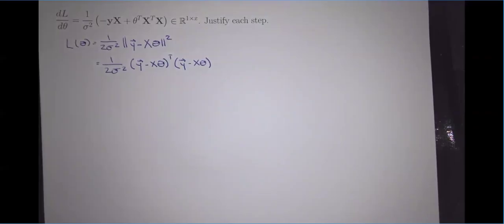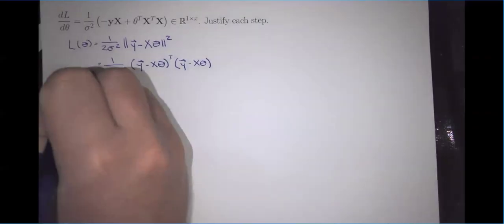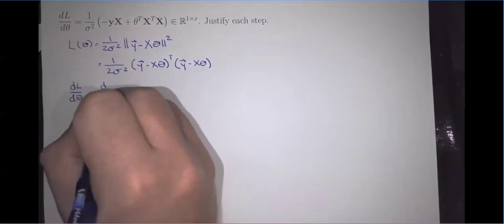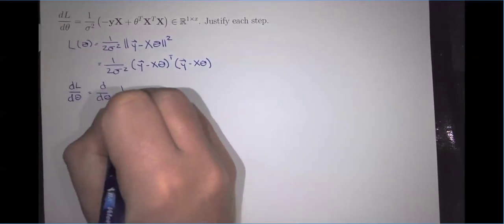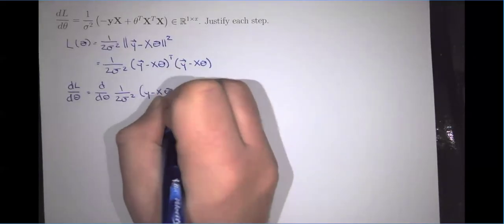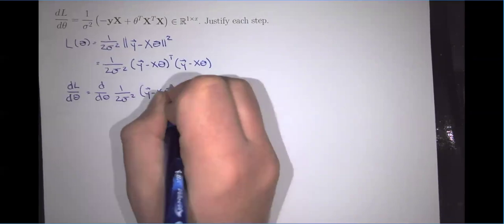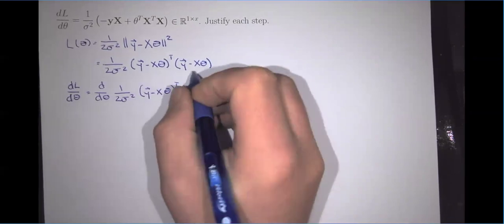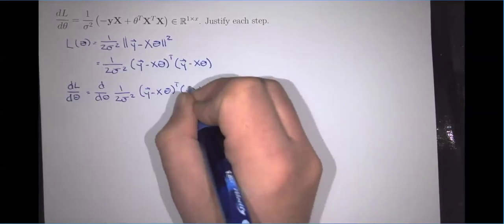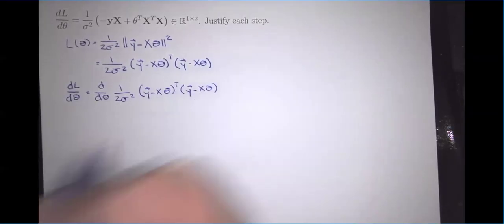So if we differentiate both sides, then we get dL/dθ is equal to the derivative of 1 over 2σ² times (y − xθ) transpose times (y − xθ) without the transpose.